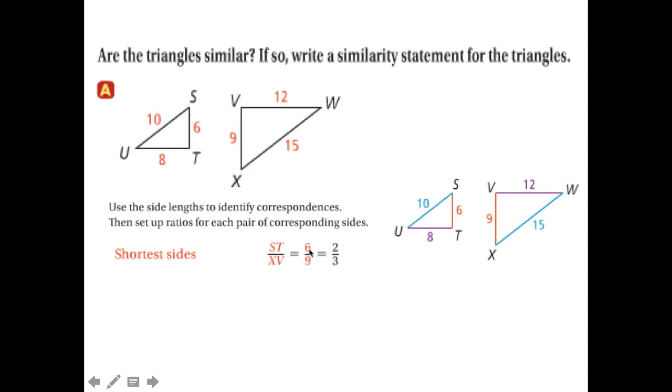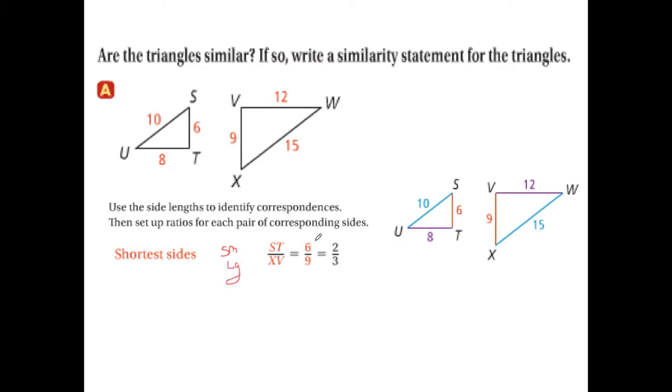If you're going to do the small triangle on top and the large on bottom, you need to be consistent. Every time you create a ratio, the small triangle goes on top, and the large one goes on the bottom. You have to stay consistent with your ratios in order for this to be solved correctly.